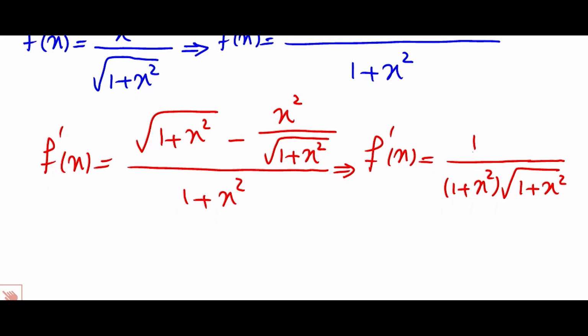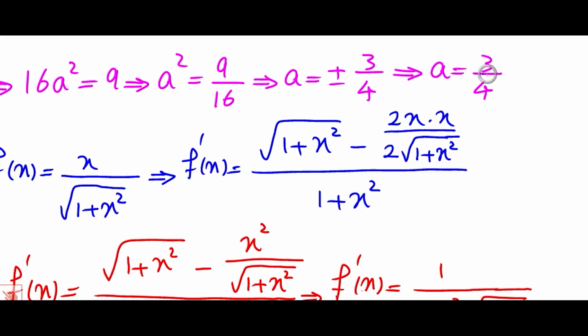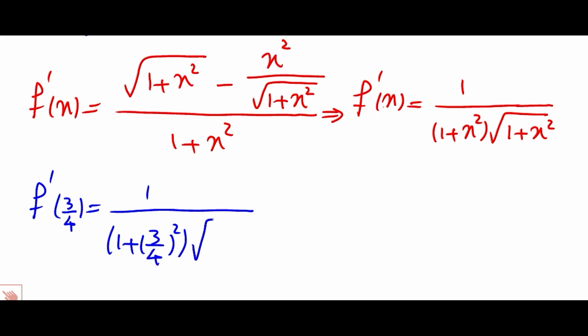Okay, so f prime of x is equal to this fraction, so we have f prime of a, where a is 3 over 4. So f prime of 3 over 4 is equal to 1 over 1 plus 3 over 4 squared, times the square root of 1 plus 3 over 4 squared.